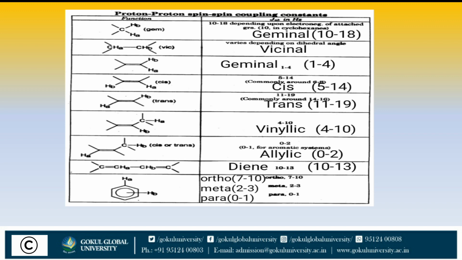These are the structures we will show in the slides. So vinylic has 4 to 10 and allylic is 0 to 2, and the diene group has 10 to 13. In the benzene ring and the cyclic ring, ortho has 7 to 10, meta has 2 to 3 and para has 0 to 1.